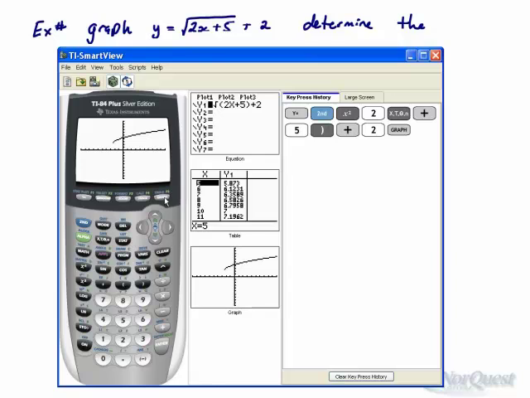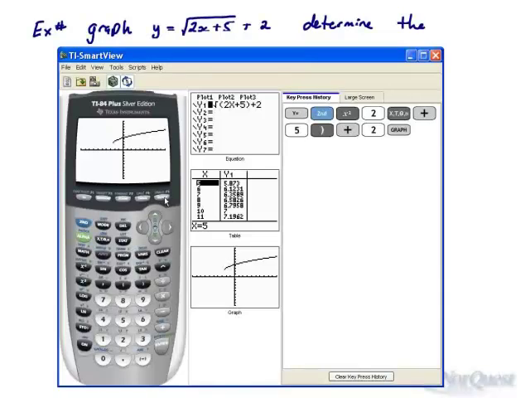So in this case, what we're going to do is just look at the domain and range. Now to find the domain, you'll notice that we have some magic number in there that we have to find as our lowest point. Now the easiest way to figure this out is you have to remember that whatever's inside the radical sign has to be positive. You cannot take the square root of a negative number.